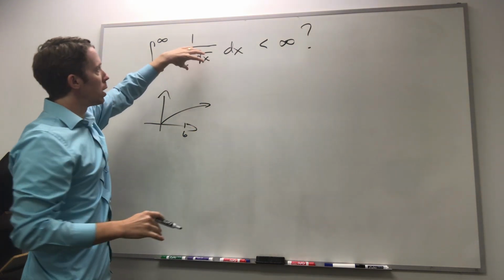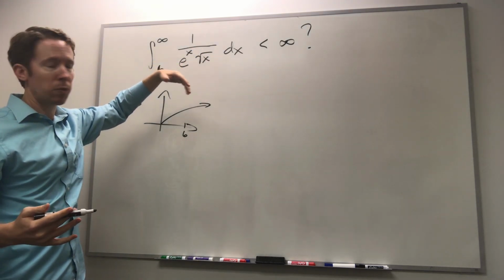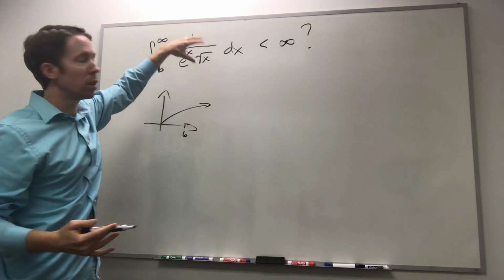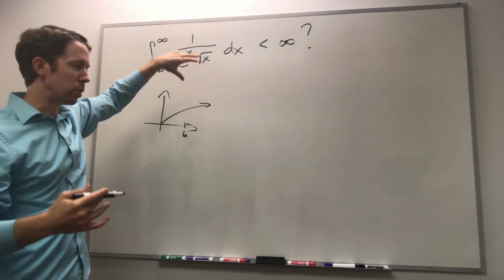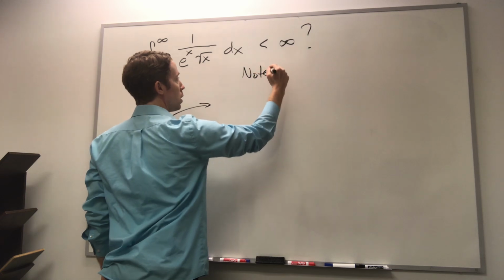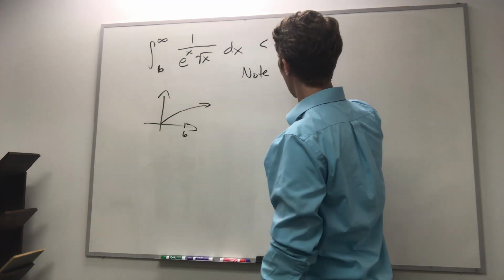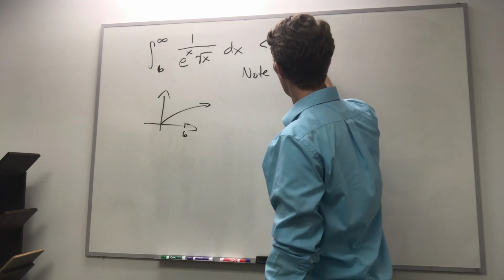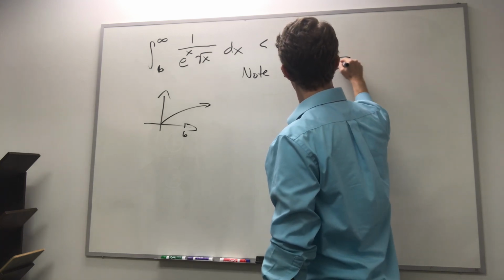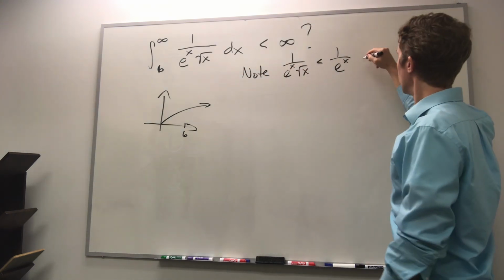So this denominator is actually larger than just e to the x, which means this whole function is smaller than 1 over e to the x. So the first thing I'm going to do is note that this thing is smaller than 1 over e to the x, on the entire interval.